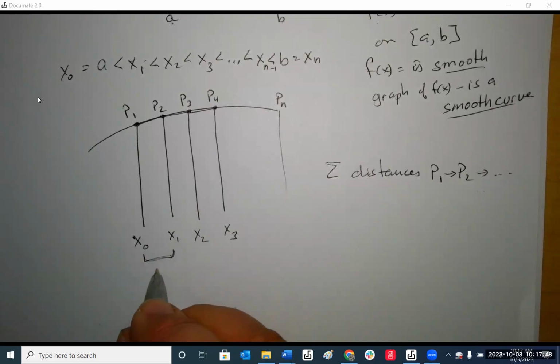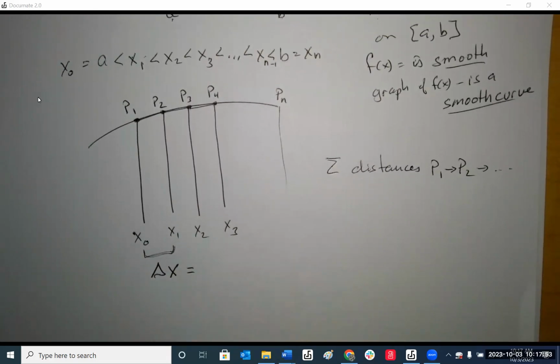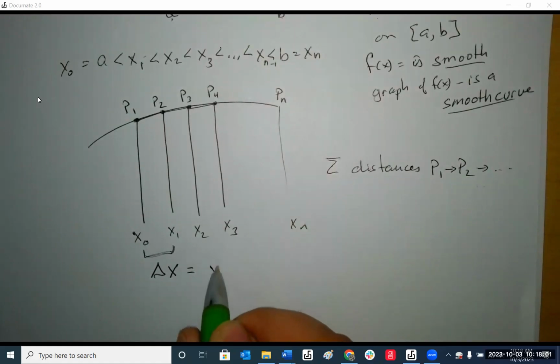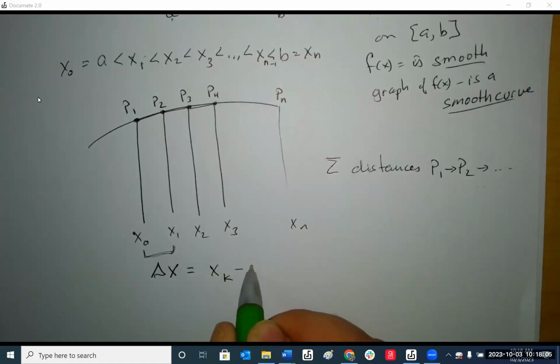So what we have to do is define a delta x. Since we have from x sub 0 all the way to x sub n, we're simply going to take x sub k minus x sub k minus 1.